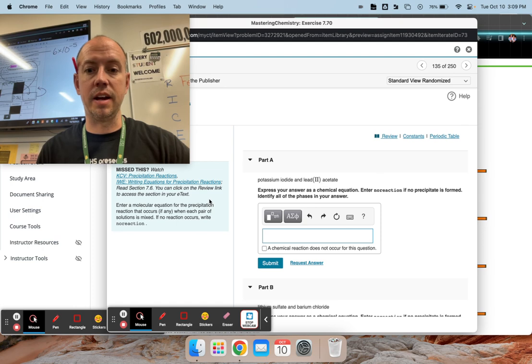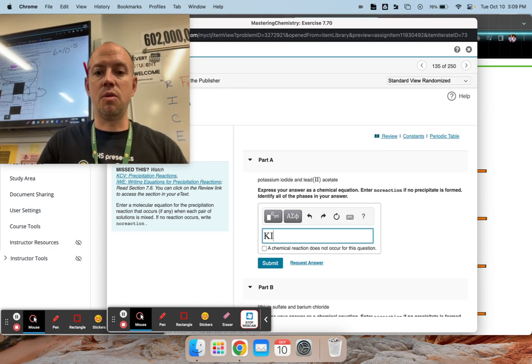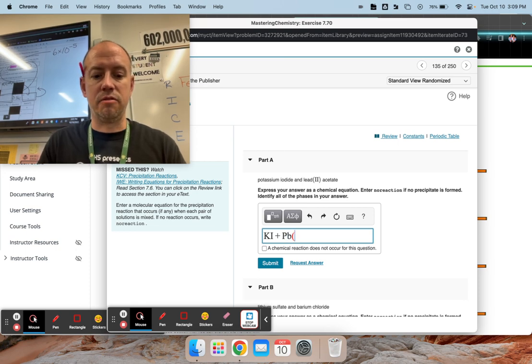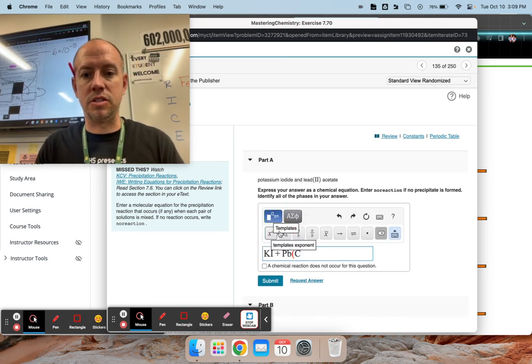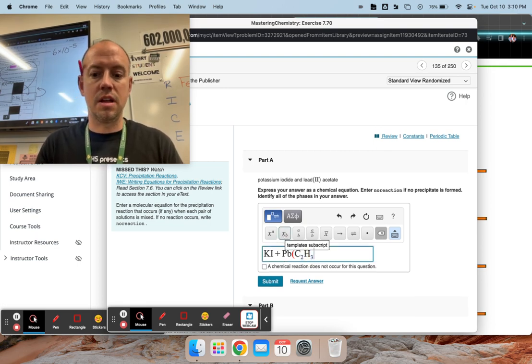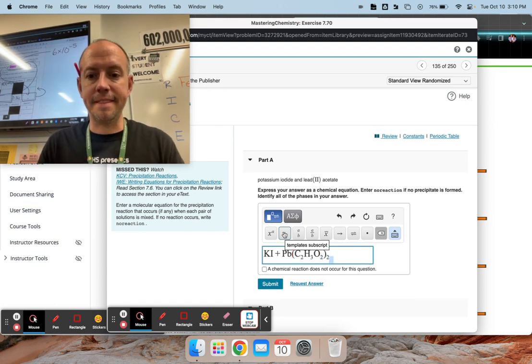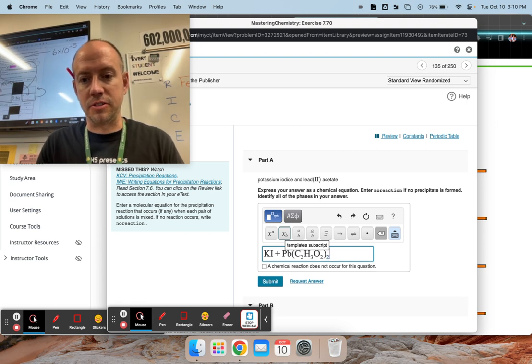Here, we're just writing out, as it says, an equation for the reaction. So what we would do is say, well, KI, that is potassium iodide, reacts with PbC2H3O2. Oh, I keep messing that up, putting some extra stuff in.